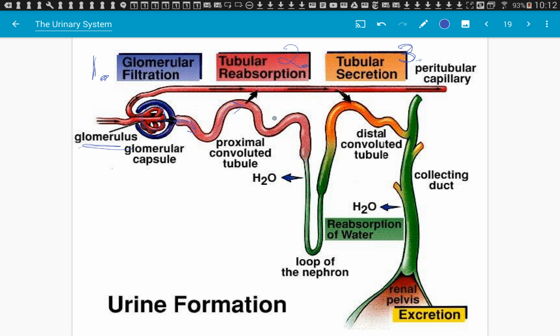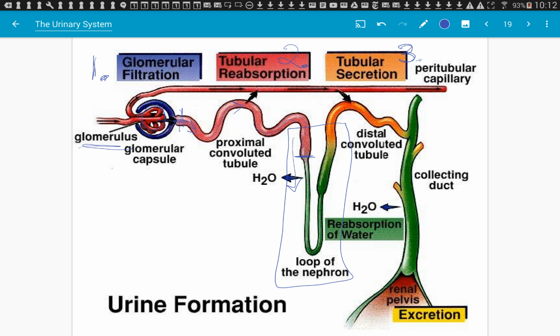And then right here is the loop of Henle. As you start traveling down the loop of Henle, this is where the cell type changes. The thicker wall from basically here to here is thicker because it's simple cuboidal epithelium, but once you get about a third of the way down the loop of nephron, it turns into simple squamous epithelium.